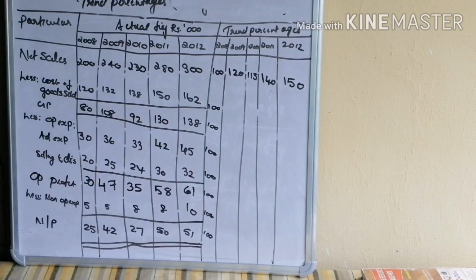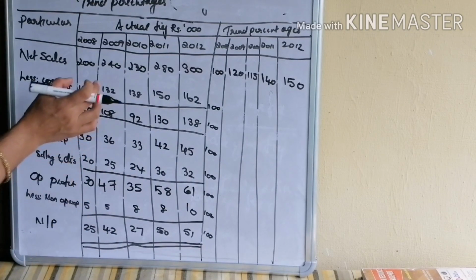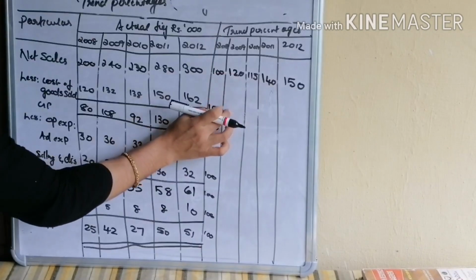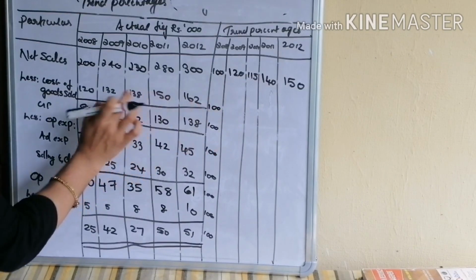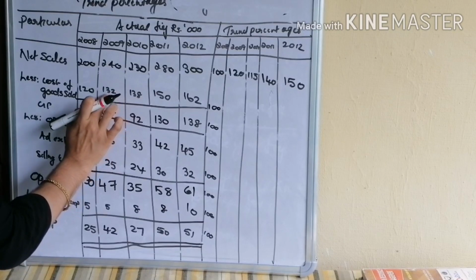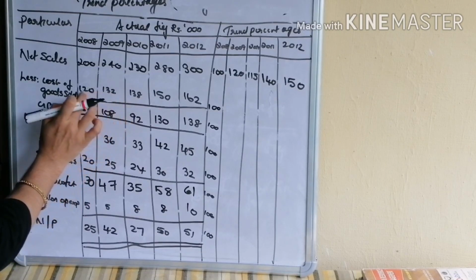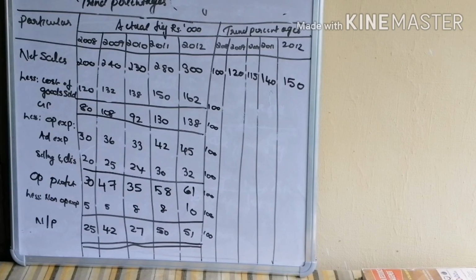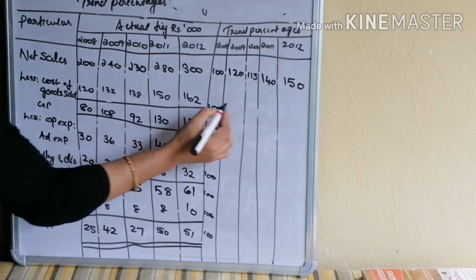The base year amount is taken as 100. Next we have to find out the trend percentage of 2009, cost of goods sold. What is the amount? 132. 132 divided by 120 into 100, the answer is 110.